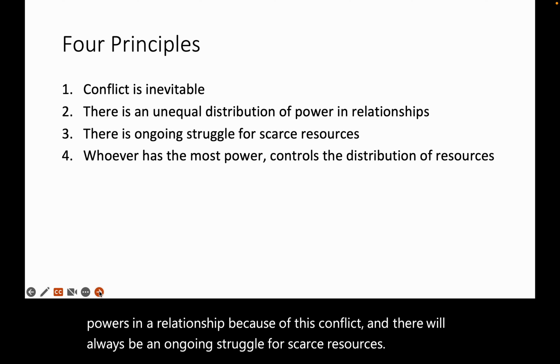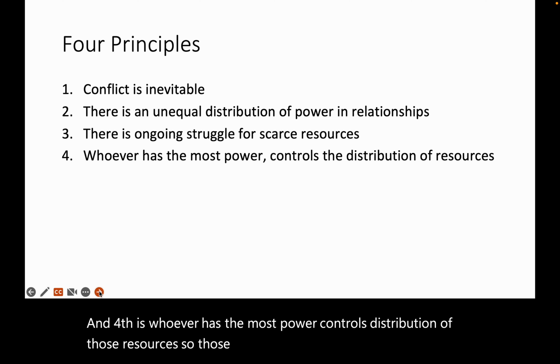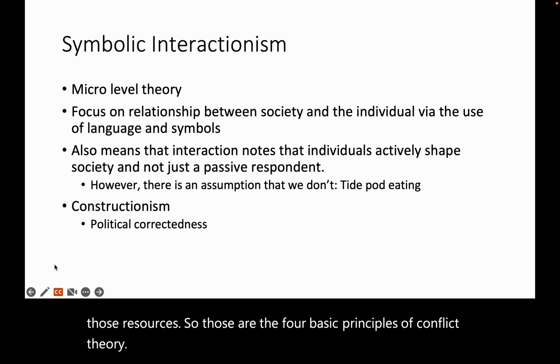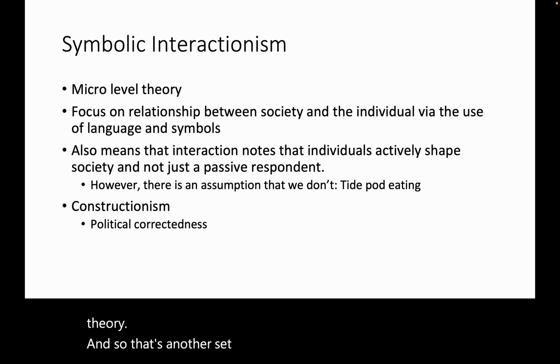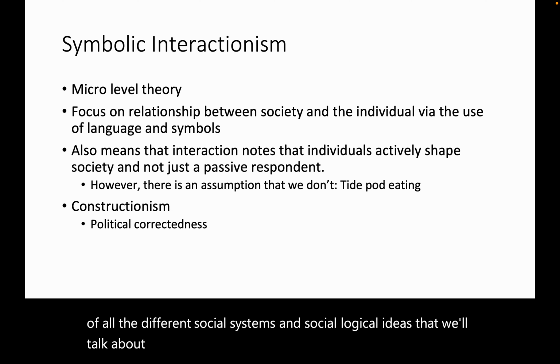And 4th is whoever has the most power controls the distribution of those resources. So those are the 4 basic principles of conflict theory. And so that's another set that we'll need to add into our analysis of all the different social systems and sociological ideas that we'll talk about in this course.